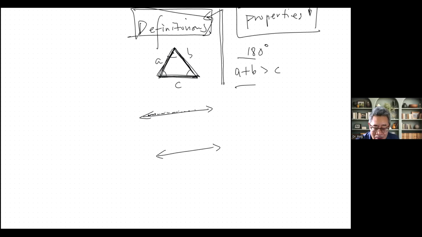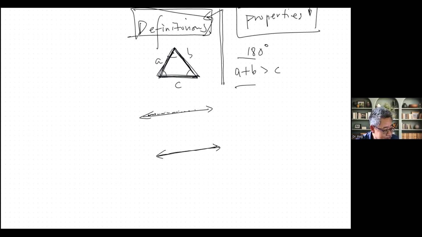But in terms of our geometry here, our definition is that lines are made of points that are so close together that there's no gap between them.